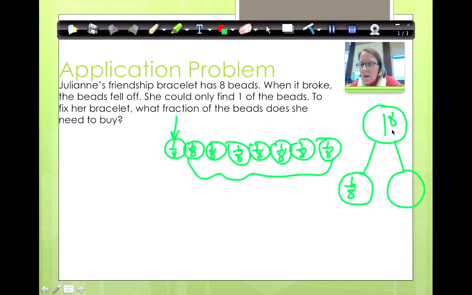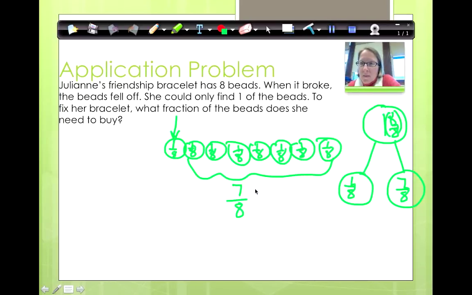Because this is also 8 eighths. So that's just another way of saying it, right? Okay, so 1 plus what gives me 8? 7. 7 eighths. Let's just count to make sure. 1, 2, 3, 4, 5, 6, 7. Yep, she needs 7 eighths.